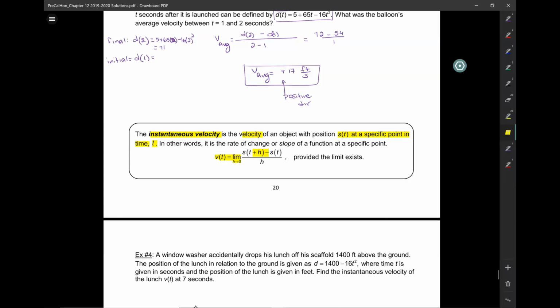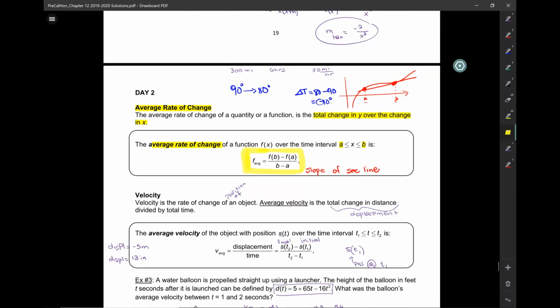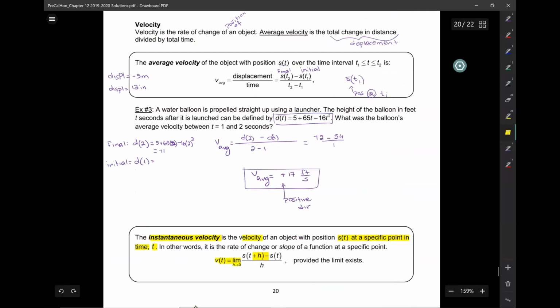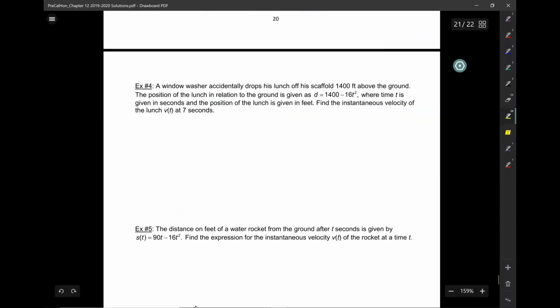So remember, if you were doing your road trip and you had an average speed of 50 miles an hour, if during that time you looked at your speedometer and it read 62, that is your instantaneous velocity. Okay, your speed at that moment in time. And that has the same formula as what we talked about yesterday. So the limit as h approaches 0 of s of t plus h minus s of t over h. So let's go ahead and do this next one.